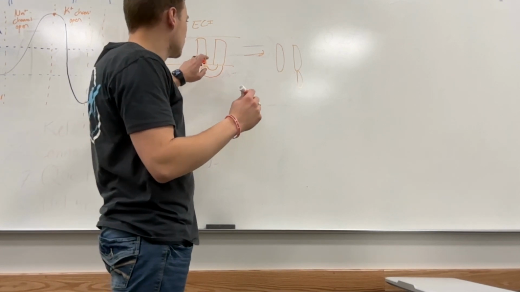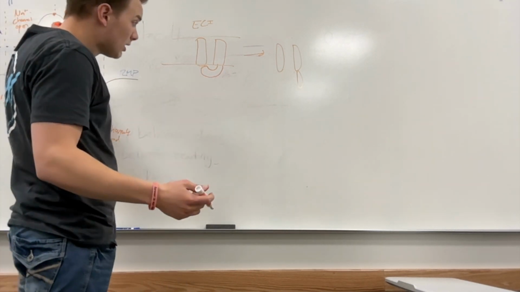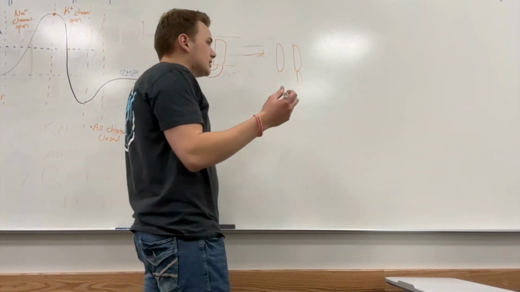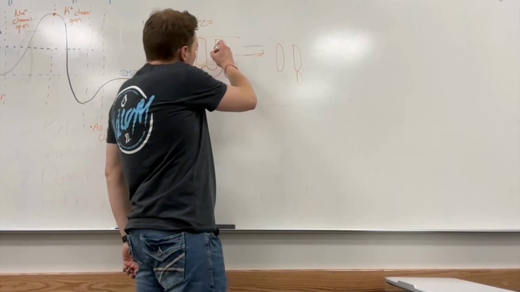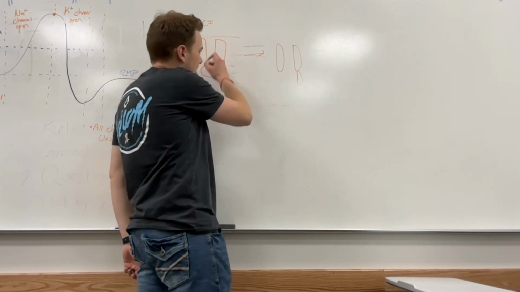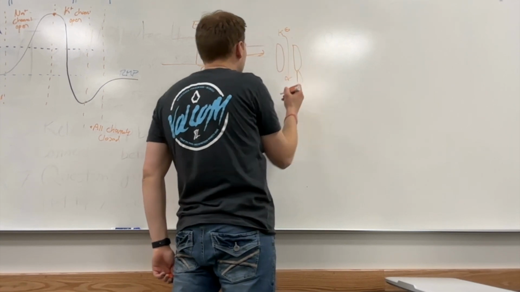And when it hits threshold, or rather, their appropriate voltage is super positive, whereas sodium's voltage was very negative. When we hit the proper voltage, that gate's going to swing open, and same deal. Potassium ions can flow through.